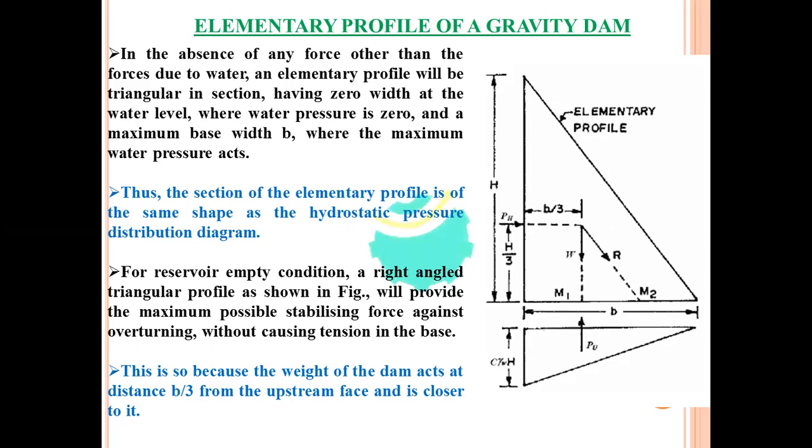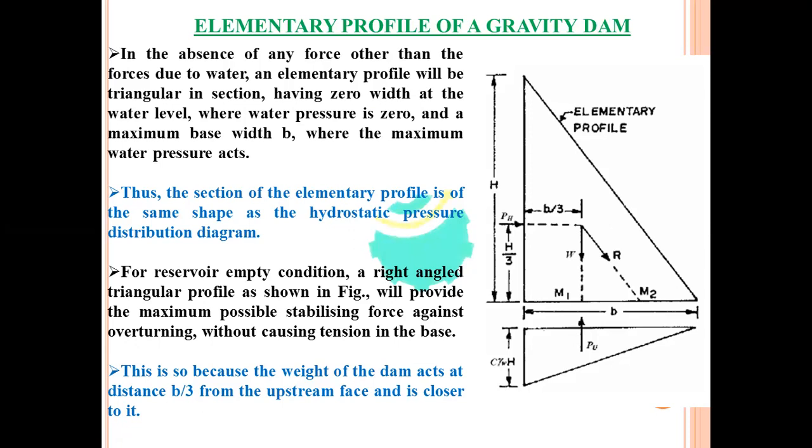This is so because the weight of the dam acts at a distance of B by 3 from the upstream face and is closer to it. So why does overturning happen? In the reservoir empty condition, what is the major force acting? The dam weight itself is the major force when the reservoir is empty.